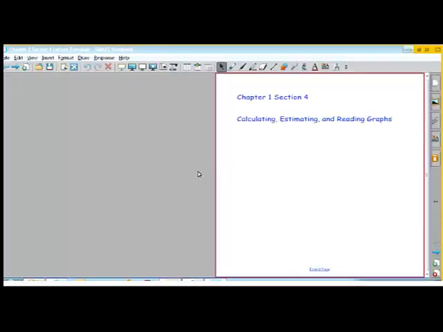Okay, so the last section is titled Calculating, Estimating, and Reading Graphs. How many people would say that if I were to show you a graph with some data, you feel like, yeah, I think I can figure out what that graph says or means? Okay, so a few of you feel comfortable with that.